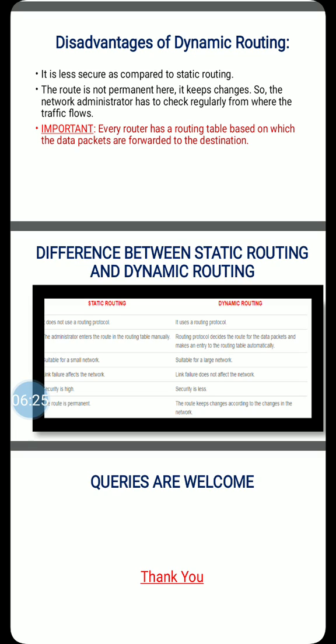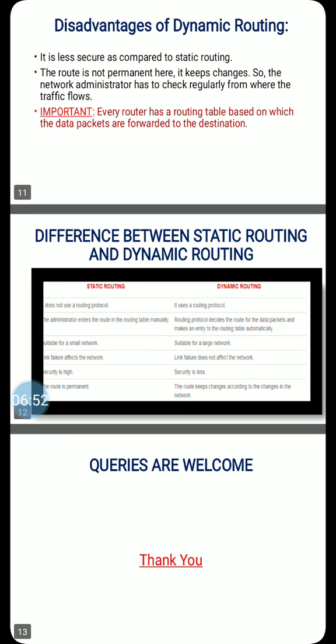In static routing, the administrator enters the route in the routing table manually. In dynamic routing, the routing protocol decides the route for the data packets and makes an entry in the routing table automatically. The third one is that static routing is suitable for a small network, and dynamic routing is suitable for a large network.